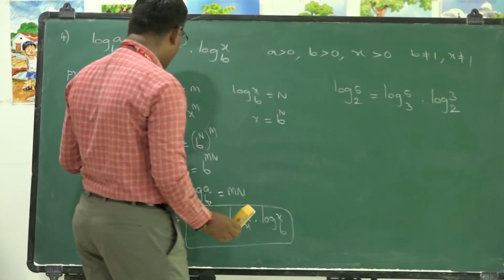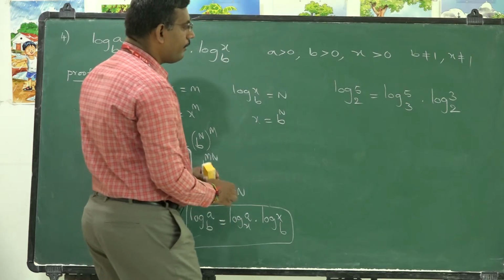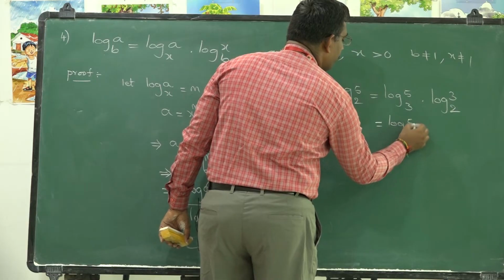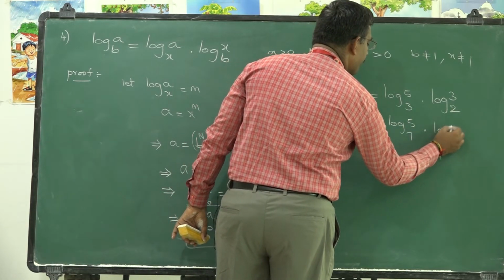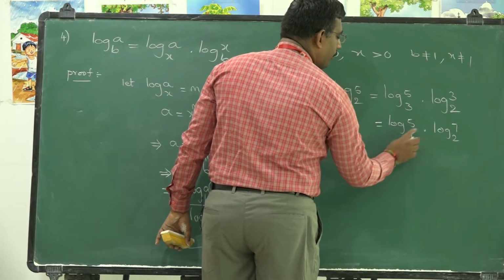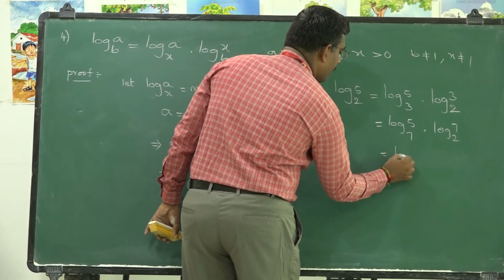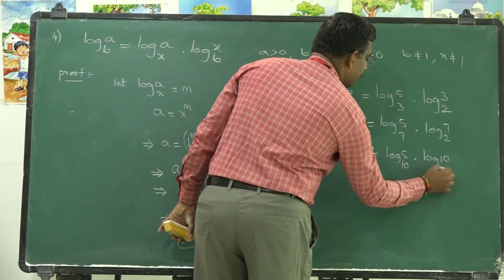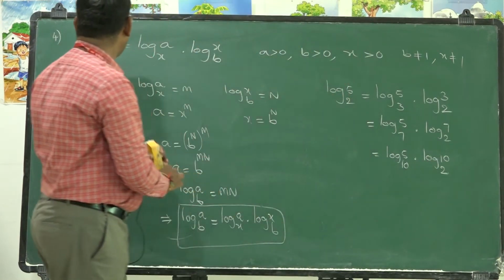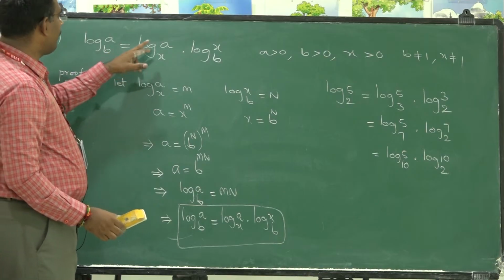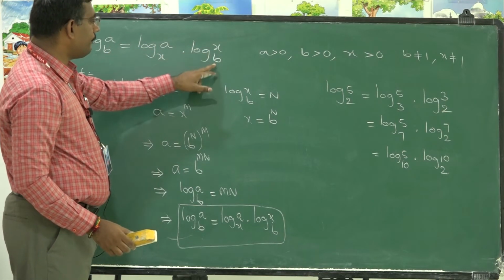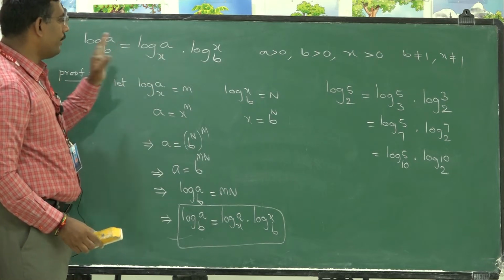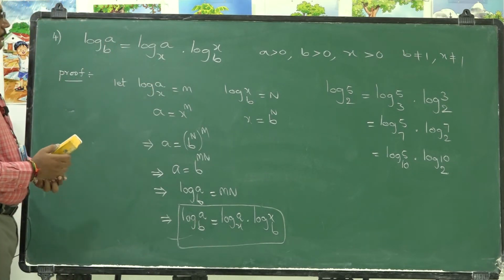Just I take x value is 3, or this is also equal to log 5 base 7 into log 7 base 2 if x is any positive real number, or log 5 base 10 into log 10 base 2. So we write log a base b as log a base x into log x base b if x is any positive real number and x is not equal to 1. This is the property number 4.